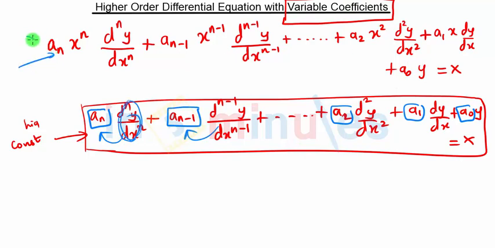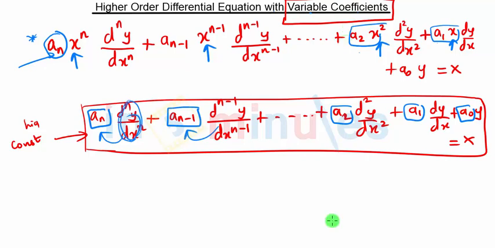But in this case we have constants, and we also have x^(n-1), x^2, x. So along with the constant we have an x term in each derivative.